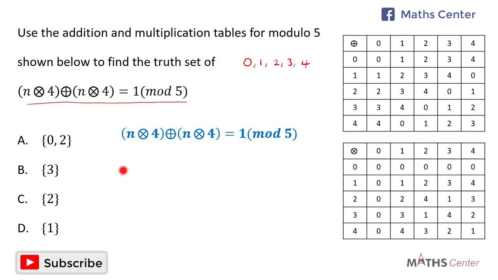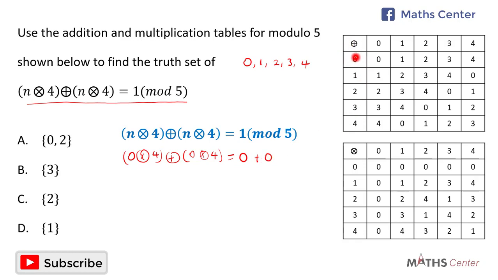When n is equal to 0, we will have 0 times 4 plus 0 times 4. Now, from our table, 0 times 4 will give us 0. So this will be equal to 0 plus 0.